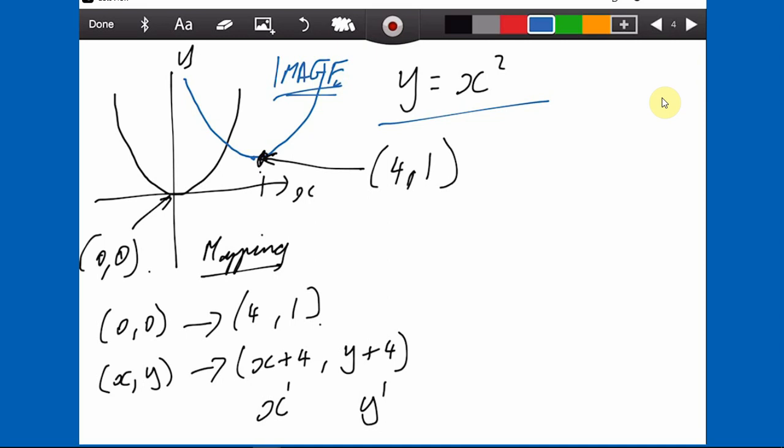So how can we do that? Well, we say that x plus 4, this is the mapping, is x dashed. So if I then take 4 from both sides, I'll get that. And if I do similarly, it's not plus 4 on the end there of that y, it's plus 1.